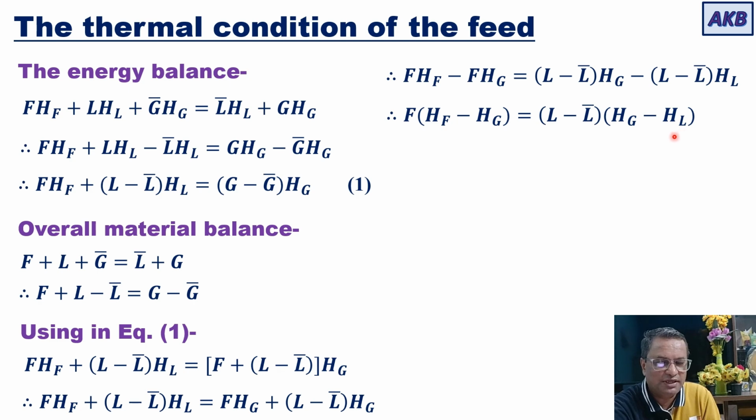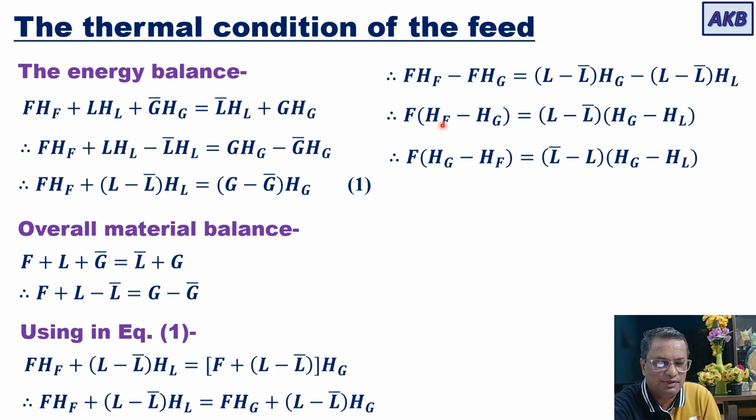In the next step, I'll rearrange the equation further to ensure that the terms on either side, that is right hand side and left hand side, are positive. So on the left hand side, I'm interchanging the position of Hg and HF. So now it is F into (Hg minus HF), that is equal to (L bar minus L) into (Hg minus HL).